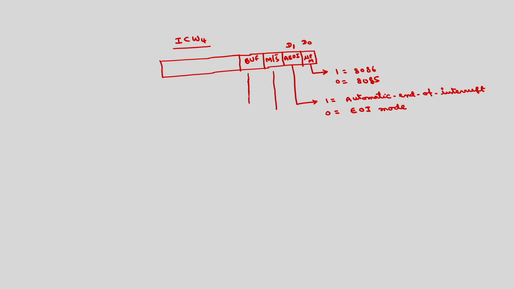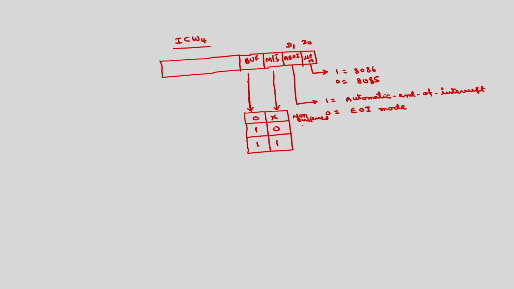There are 4 combinations using 2 bits. 0x, which can be 0 0 or 0 1, means non-buffered.